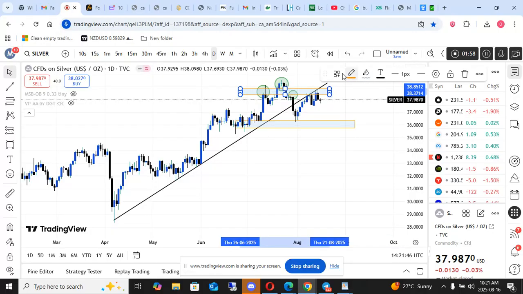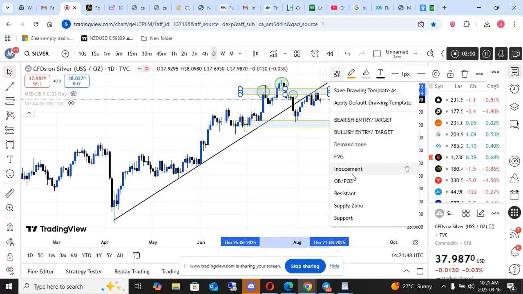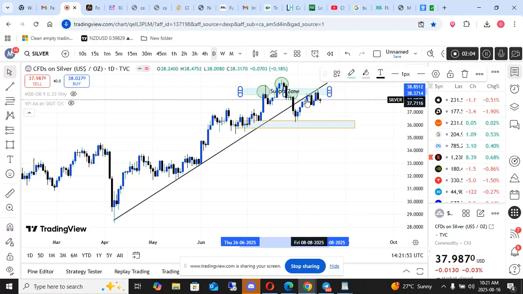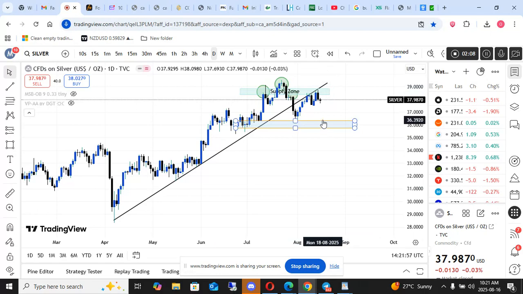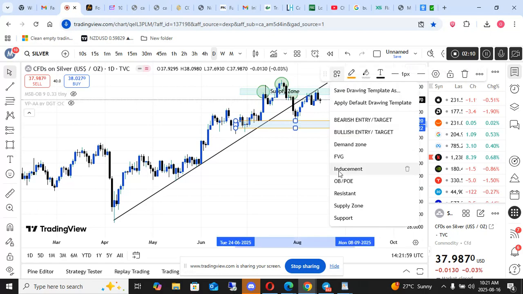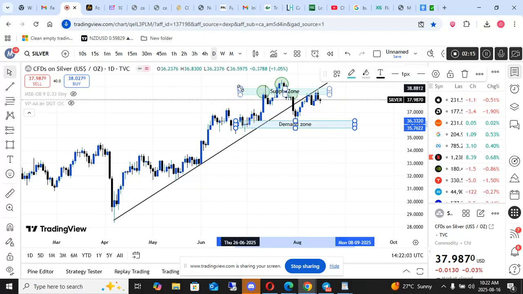This is my supply and this is my demand zone. So for the week, I'm gonna be trading in between the supply and demand zone.